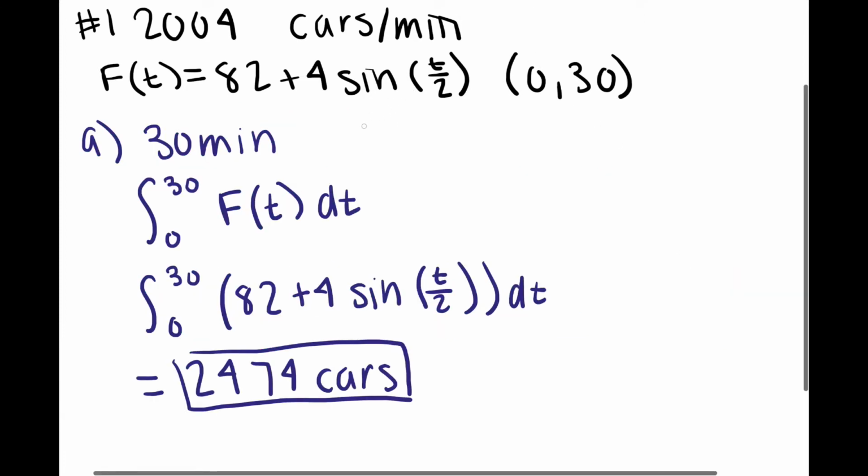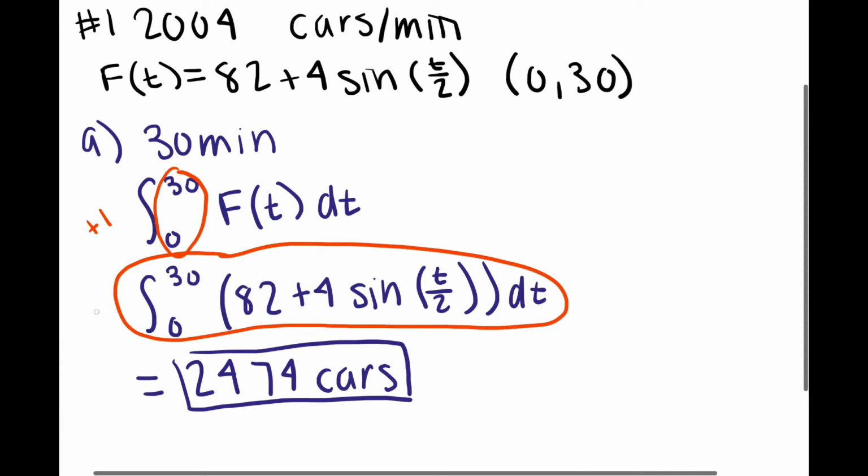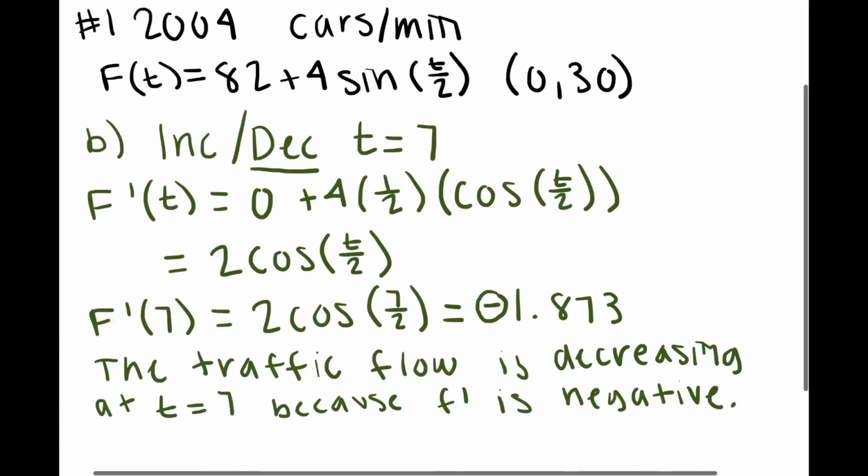Of this problem, in part A, you will get 1 point for the limits, 1 point for the entire integral, and 1 point for the correct answer. In part B, you will get just 1 point for the correct answer with the correct reasoning.